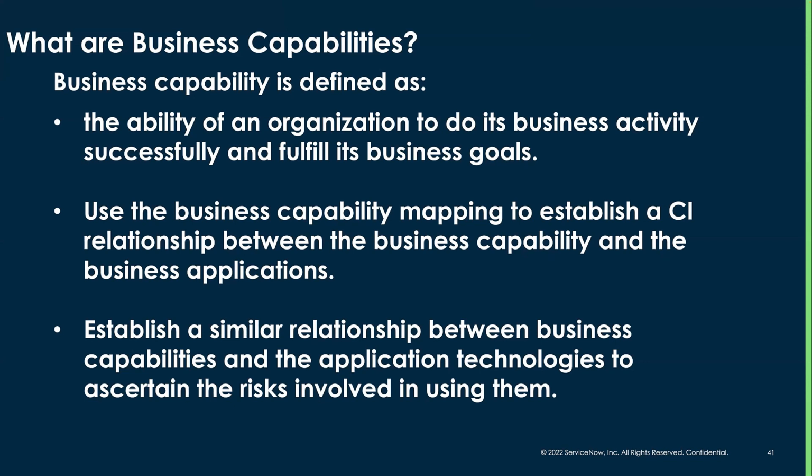Business applications are the IT tooling, the enterprise systems that support business process, which we're not addressing today. Again, a future workshop. Business process is how you do it. So business processes use these enterprise systems to achieve and provide the business capabilities, is one way of looking at it.